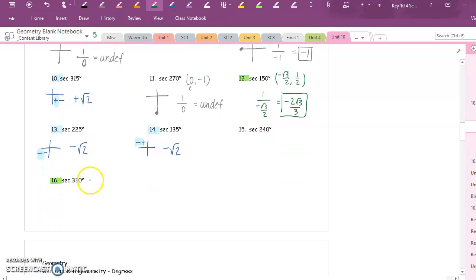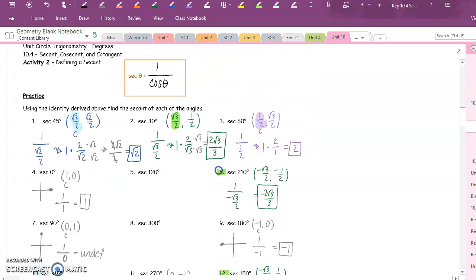So secant of 330. 330 is in the fourth quadrant. So it's going to be a positive, comma, negative. So we're going to put 1 over that positive cosine. And we're going to get a positive 2 root 3 over 3.